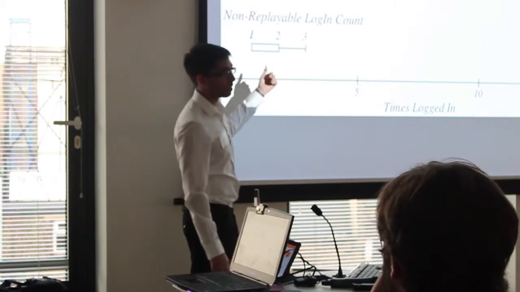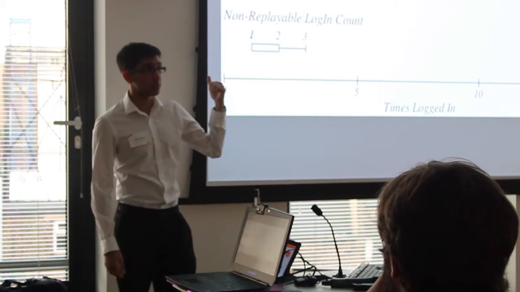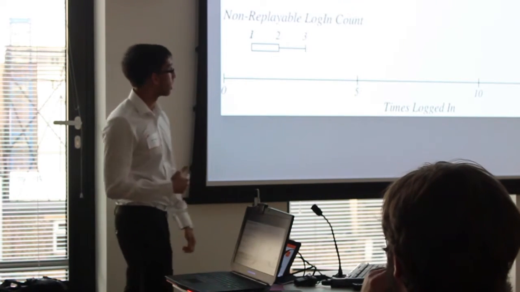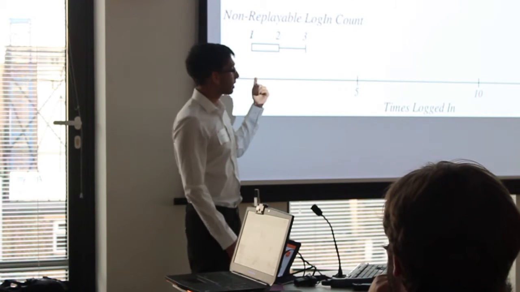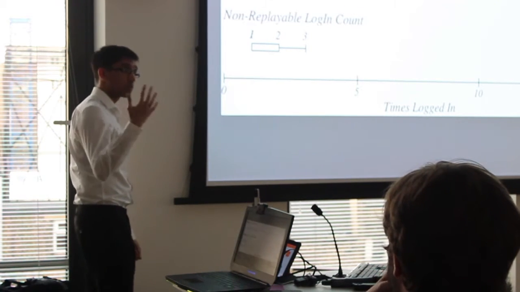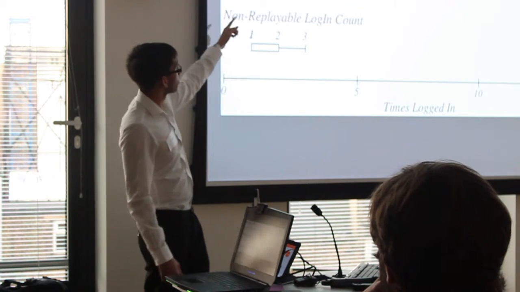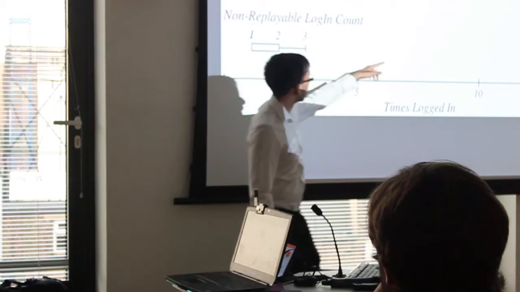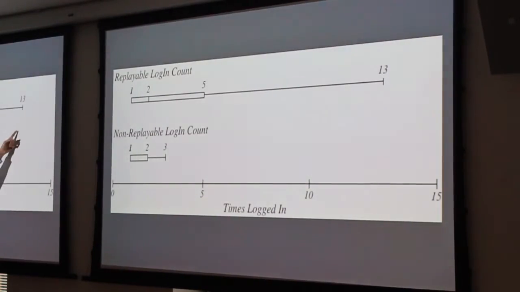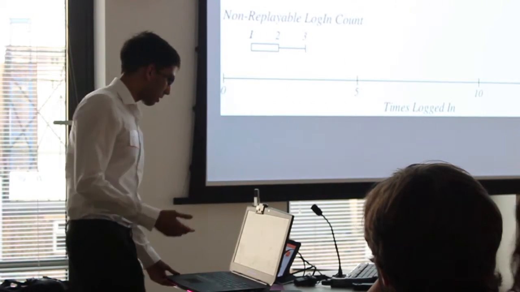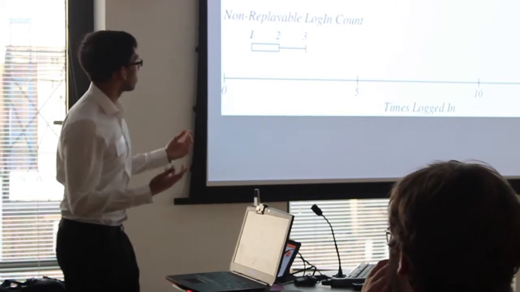On average, people that were given the non-replayable version of the game, the version that was only missing 5 features, only sat down to play the game about 1 or 2 times. The exact same game with those 5 features added, players were sitting down to play the game about 1 to 5 times. One guy sat down to play the game 13 times. He loved it. It was great.